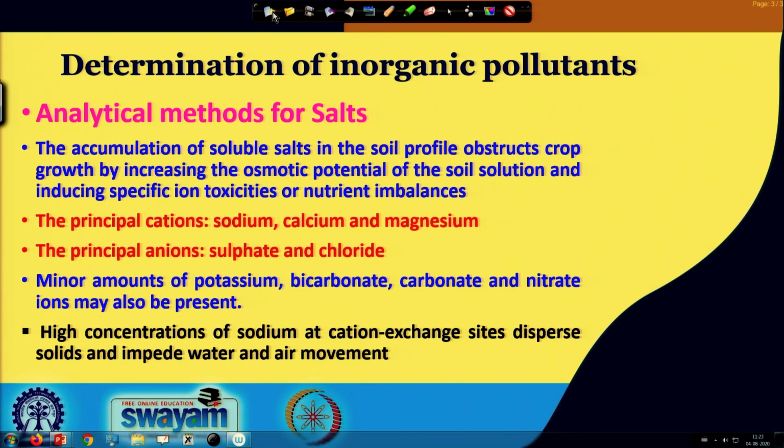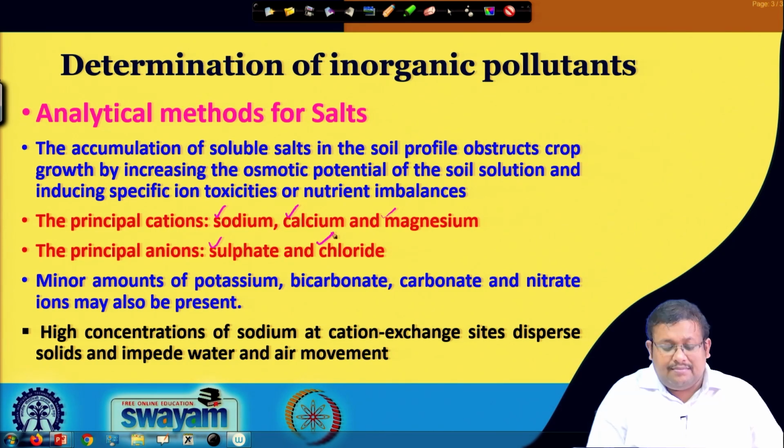There are several salts which are mainly responsible for salinity, but the principal cations are sodium, calcium and magnesium. The principal anions are mainly sulfates and chlorides. Apart from that, some minor amounts of potassium, bicarbonates, carbonates and nitrate ions may also be present.